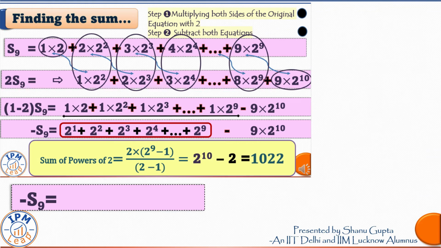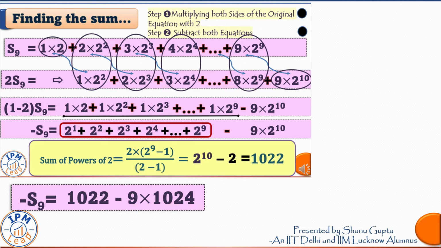Moving on, we just need to simplify this equation a bit further and evaluate S9, the sum of our required series. The sum of powers of 2 from 2 raised power of 1 to 2 raised power of 9 is 1022, as we just calculated. 9 into 2 raised power of 10 is equal to 9 into 1024. 2 raised power 10 is 1024.